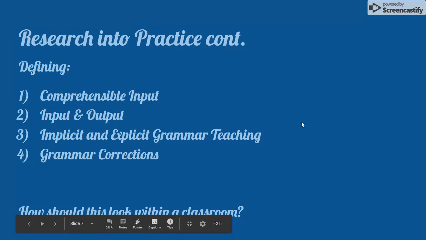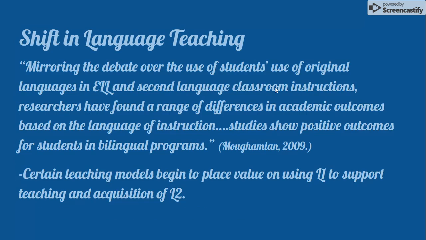So overall, everything we've talked about thus far supports Krashen's ideas of language acquisition and how students should be acquiring language seamlessly with the use of comprehensible input, target language, opportunities for both input and output, and hopefully the idea of implicit grammar teaching.